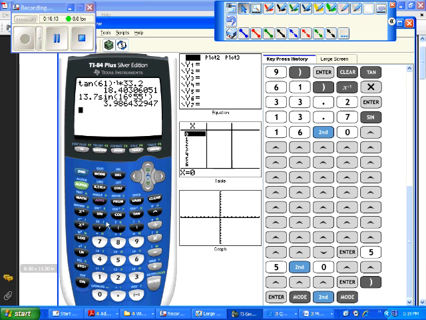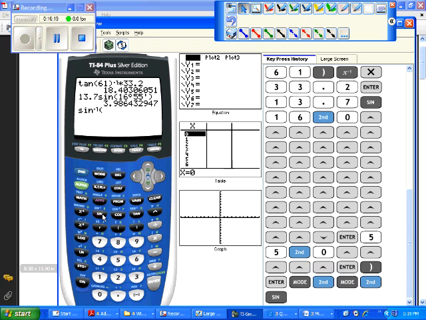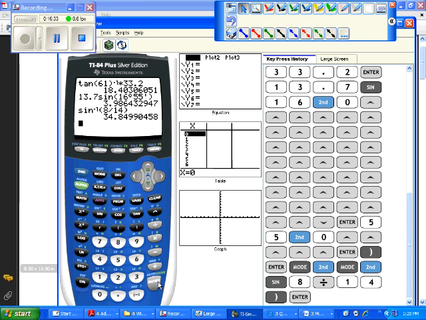To get to arc sine, you have to hit second sine. It's sine to the -1. So we have arc sine of 8 divided by 14. And we would get 34.8, rounded to the nearest tenth, 34.8 degrees. Everybody say we got that.